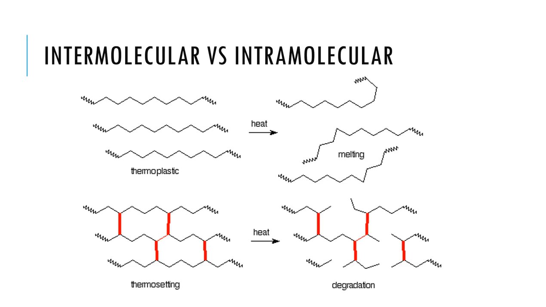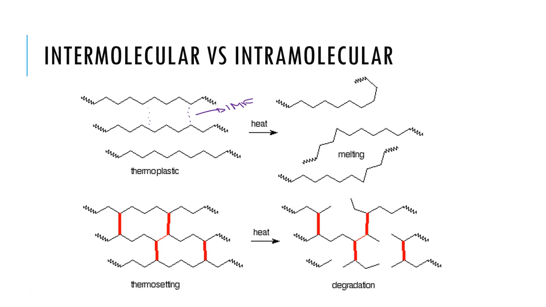So when we talk about thermoplastics, what's happening is we have all these polymer chains that are there, maybe hundreds or thousands of carbons long, and they're going to be held together by our intermolecular forces. Some of them may be dispersion forces if they're just polymers of ethene.